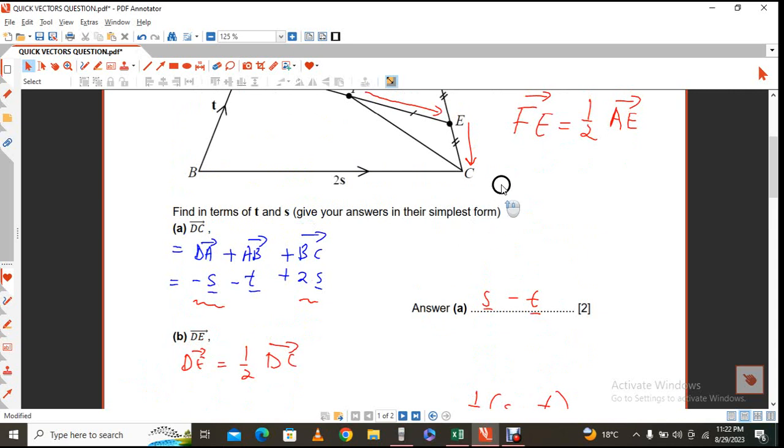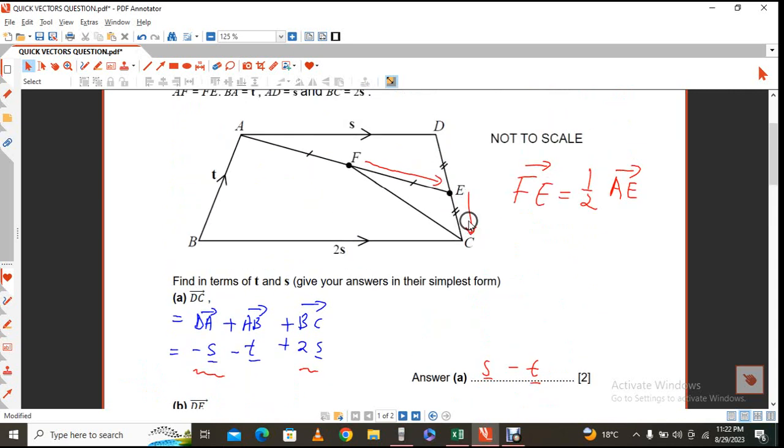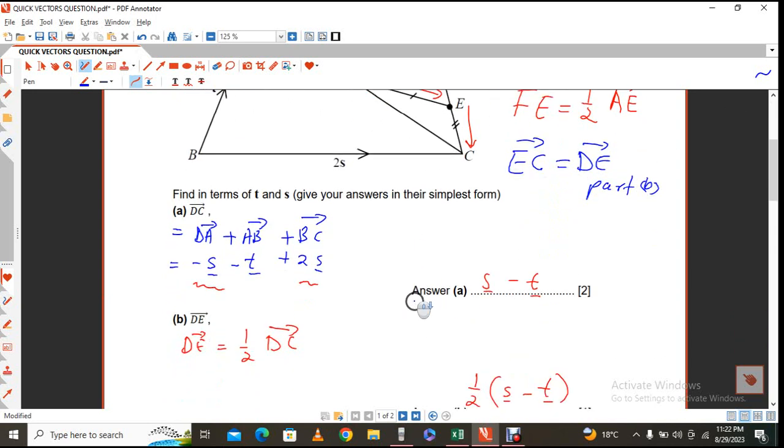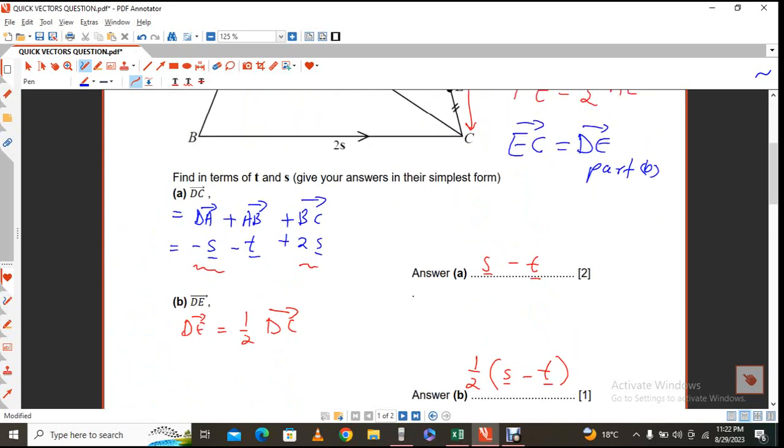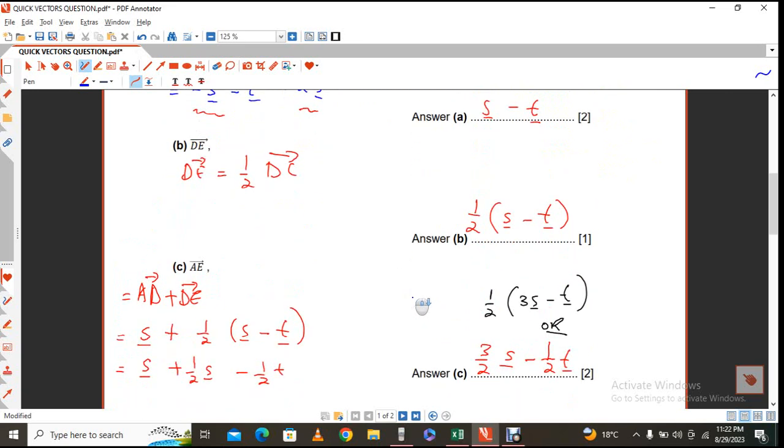Here's the thing about EC. If you look at EC alone, we also see that EC is equal to DE. Can you see that? And we know DE from our answer at part B. So whatever answer we have at part B is our value for EC, which is also equal to DE.